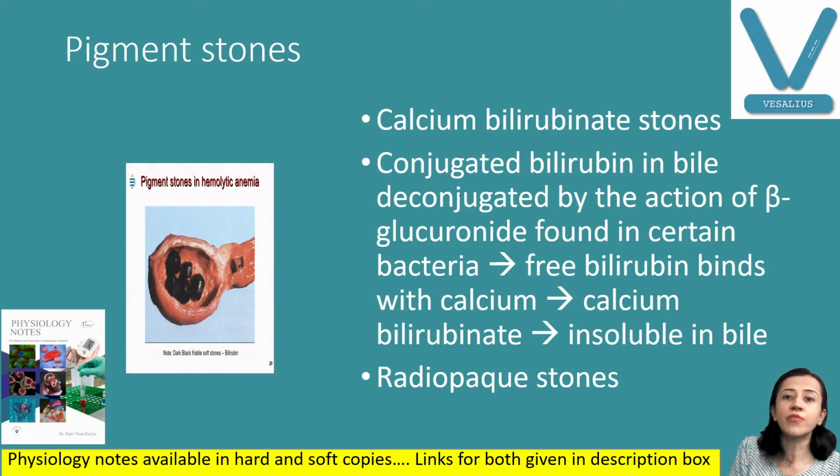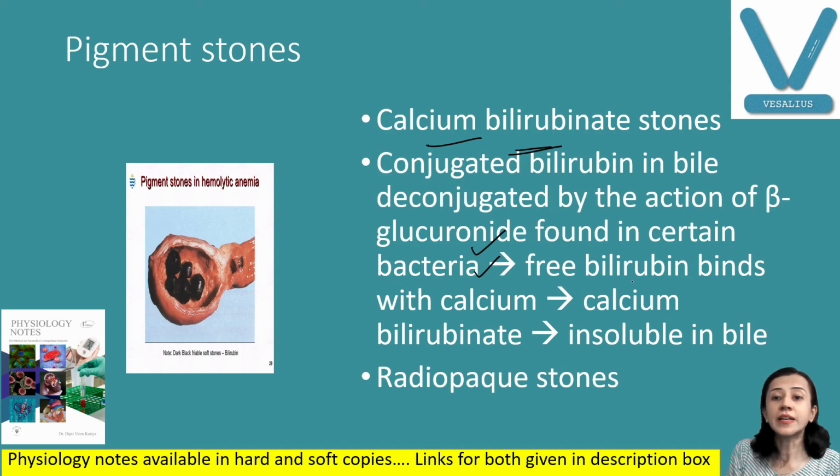The second variety of stones are pigment stones. These are made up of calcium bilirubinate. So what is the pathology here? The conjugated bilirubin present in the bile is deconjugated by the action of beta glucuronidase found in bacteria of the intestinal flora.